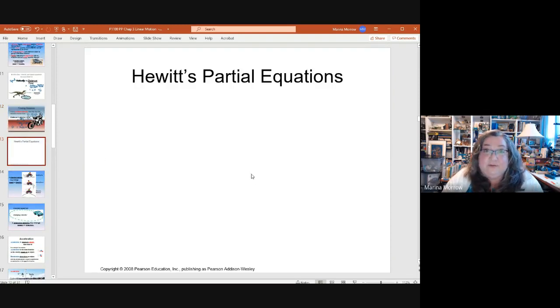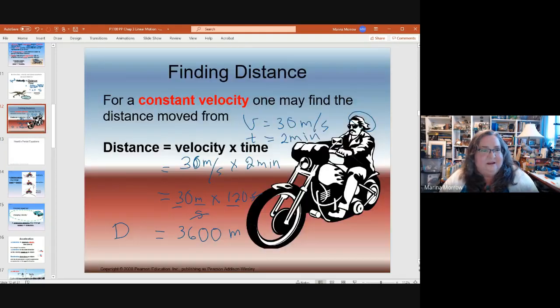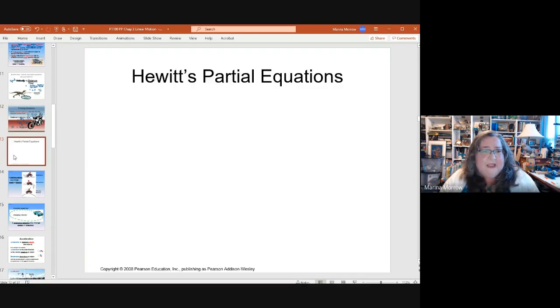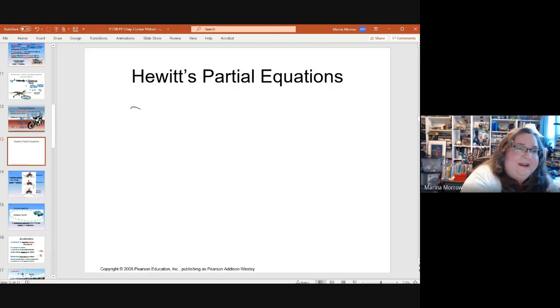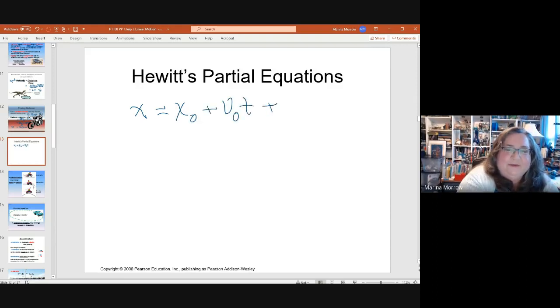Now, for those of you who have had higher level physics classes, you may have noticed that that equation was part of another equation. So you may have had an equation before that is something like x, representing distance, equals x0 plus v0t plus 1/2 a, the acceleration, t squared.